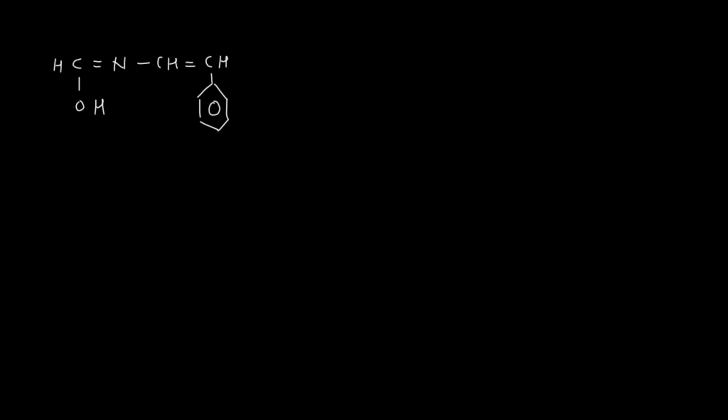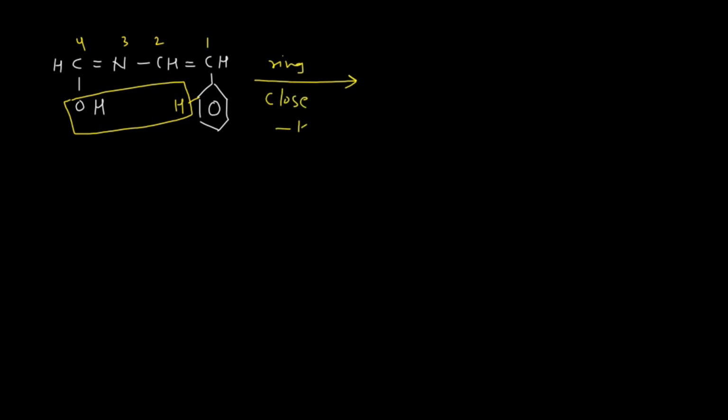And now you can see here, if I give numbers to the system, this is 1, this is 2, this is 3, this is 4, okay, and you know at this position you have a hidden hydrogen on the benzene. So what will happen, these two can react very easily since they are in close vicinity, right? And then ring closure will occur. Earlier ring expansion was there, here the ring will close, minus H2O.